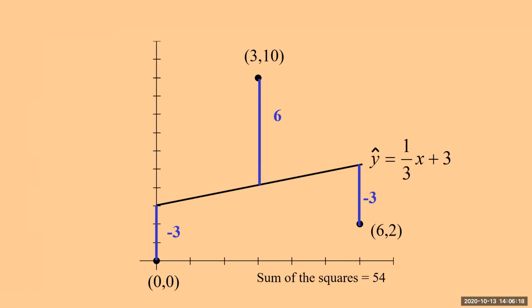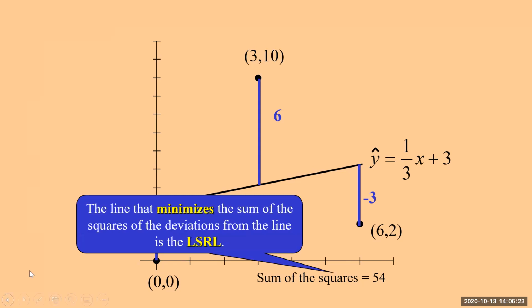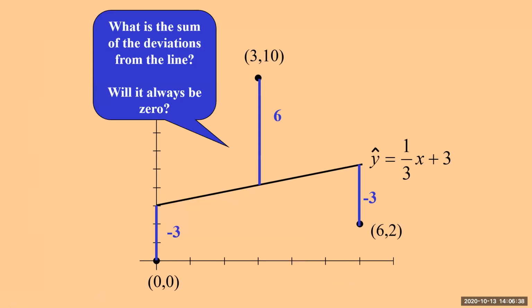Our previous sum was 61 something, so yes. The least squares regression line is the line that minimizes the sum of the squares. So this predicted equation, 1/3 x plus 3, is a better fit of these 3 points than the previous line. Also, the deviation is just the difference from the actual point to the predicted point. If I add all these up, 6, -3, -3, it will always be 0.